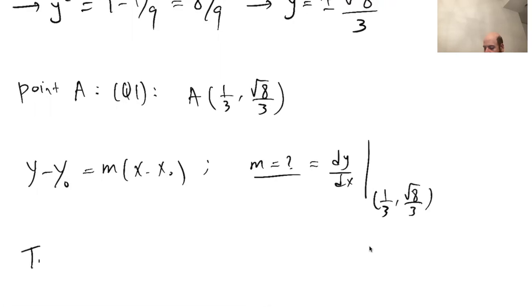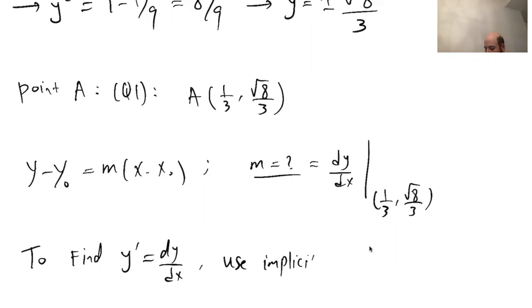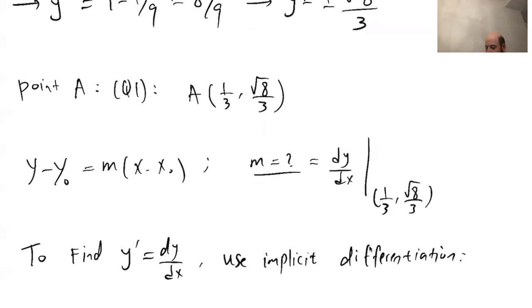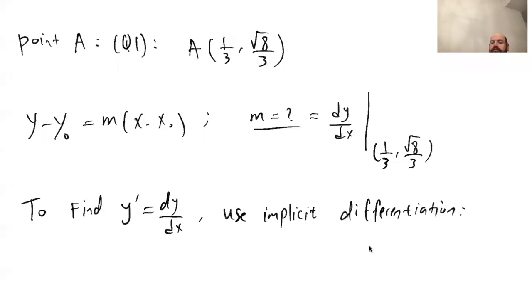So to find y prime equals dy over dx, use implicit differentiation. So implicit differentiation, we said what? We said we have to differentiate both sides of the equation using derivative rules, of course.